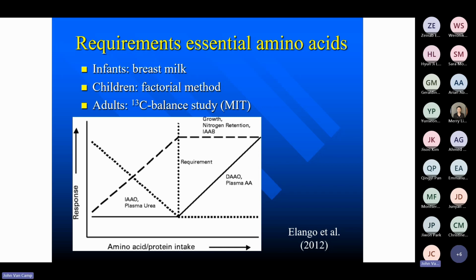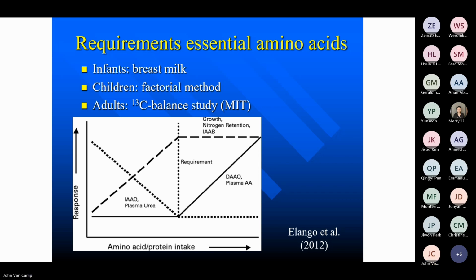So you will not see any change in what is excreted as long as you do not meet the recommended amount. When we take up less than what we need, you can imagine that the amino acids will not be oxidized, will not be converted into CO2, but will be used to build up body protein. Everything will be incorporated in the muscles, so you will not find it in the breath and in the air, so you cannot measure it. That's why it stays constant.